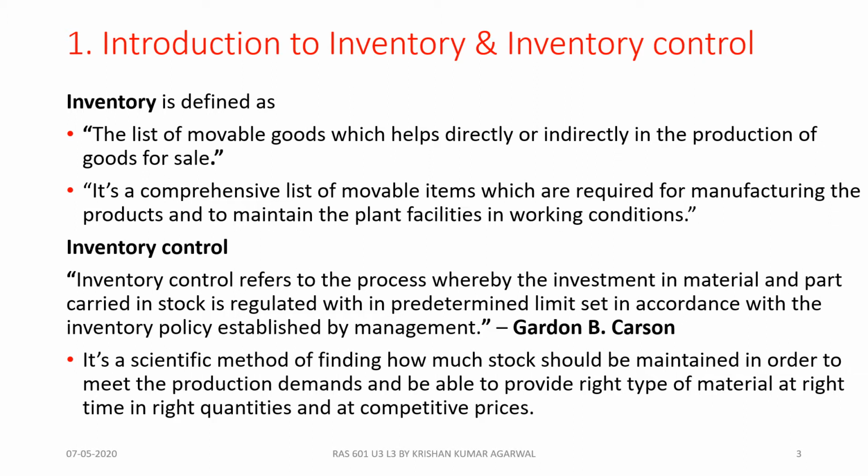Whereas inventory is a broad term. Inventory, after processing of the goods, is converted into finished product. When we talk about inventory, the list of all the movable goods which help directly or indirectly in the production of goods for sale is known as inventory.